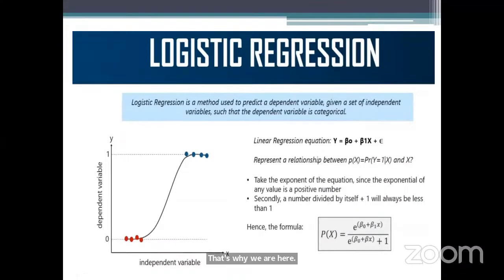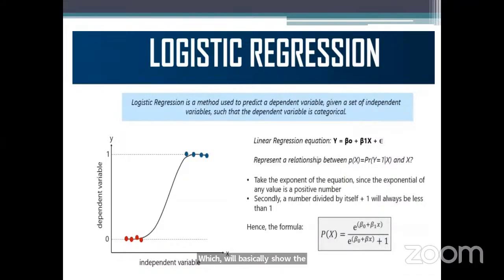This is known as a sigmoid curve. It's called a sigmoid curve because it has values ranging between 0 and 1, which basically shows the probability.